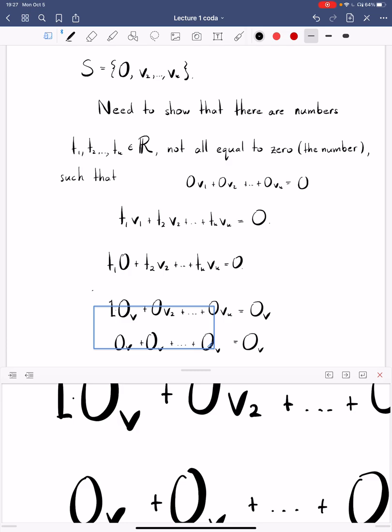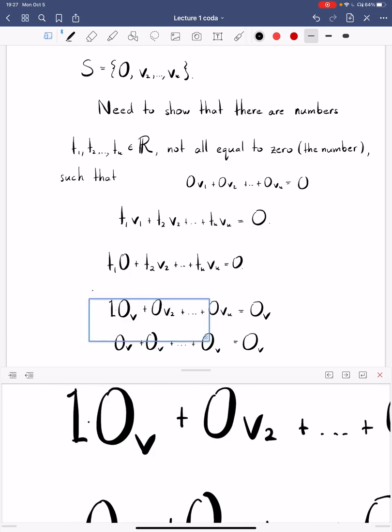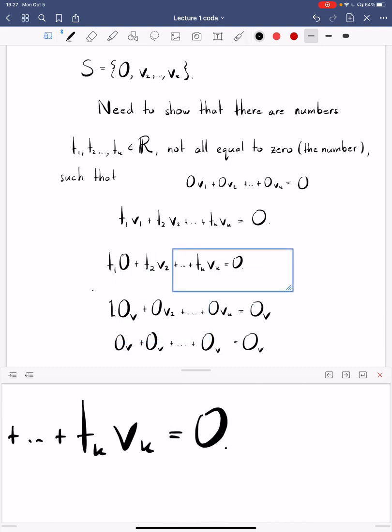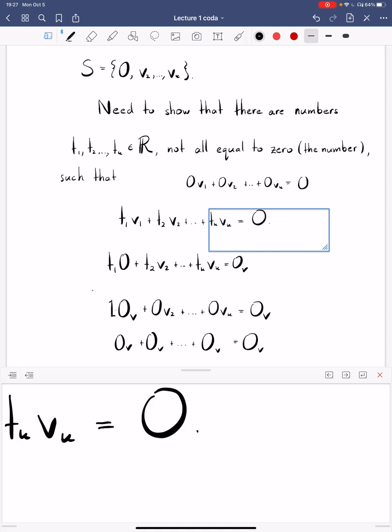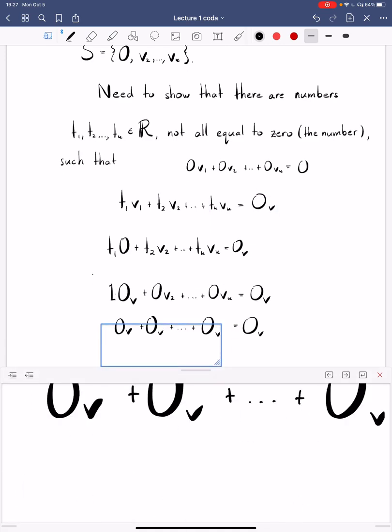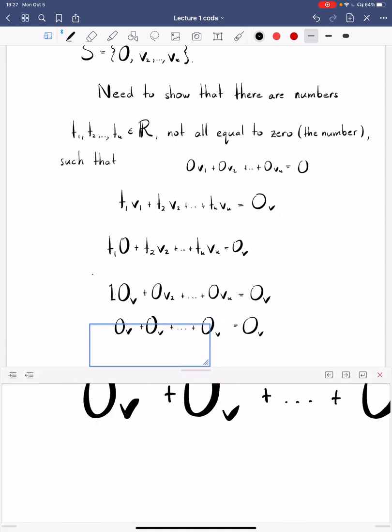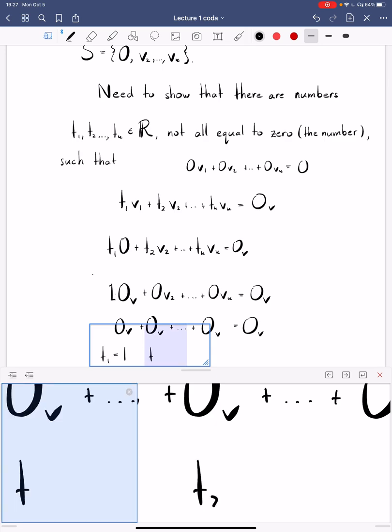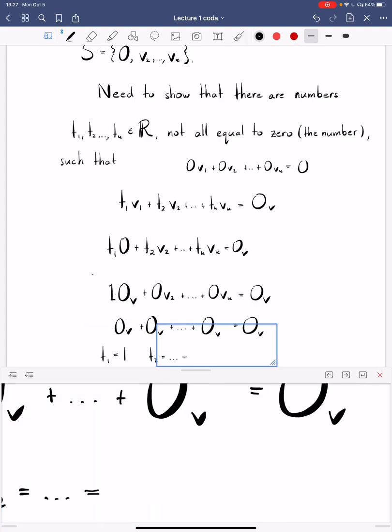And so I've shown that S is a linearly dependent set because I have found numbers t1, t2 up to tk, not all of them 0, which give me the 0 vector. Just to hammer it home, the numbers I chose were t1 equal to 1, and t2 all the way up to tk all equal to the number 0.